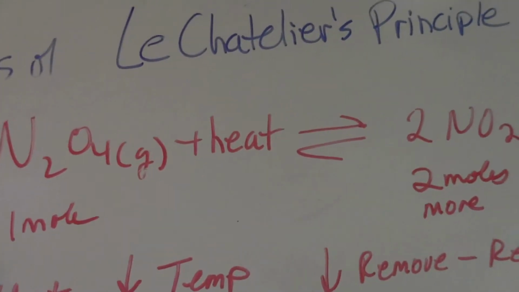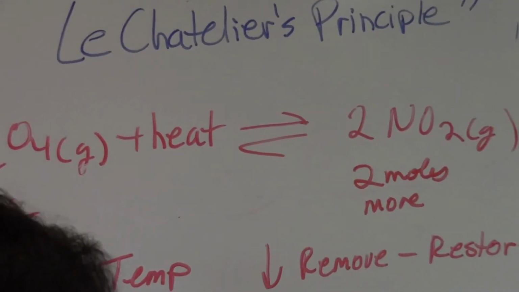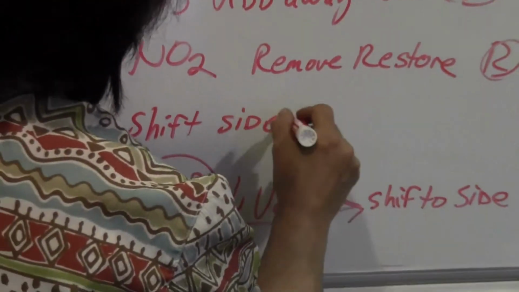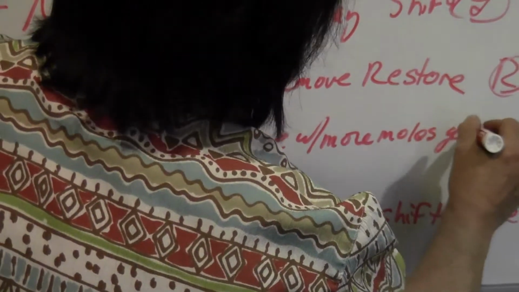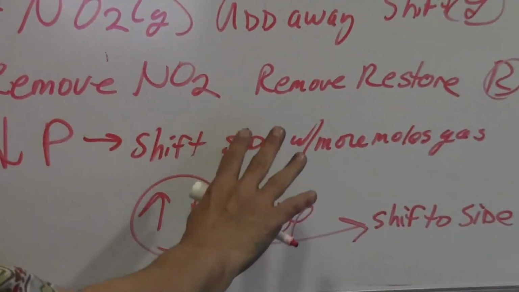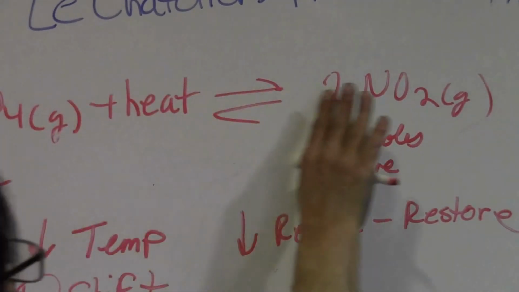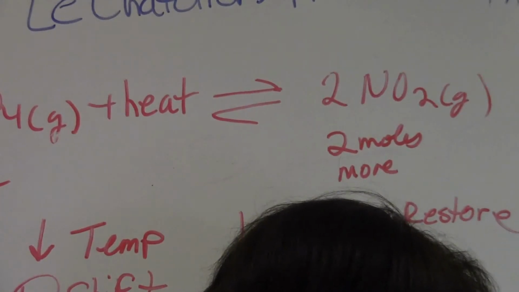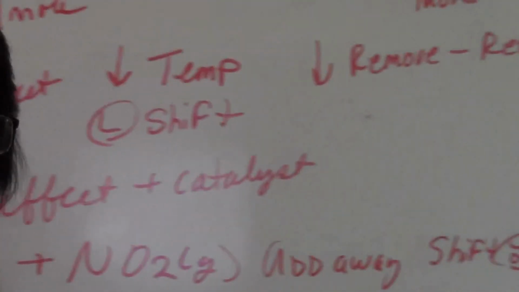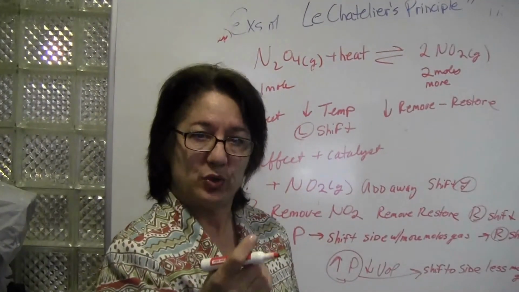So decreasing the pressure is going to do the opposite. You're going to shift to the side with more moles of gas. You only have to memorize one and then do your vice versa. So this has more moles of gas. We're going to shift to the side with more moles. So it's going to go for a right shift.